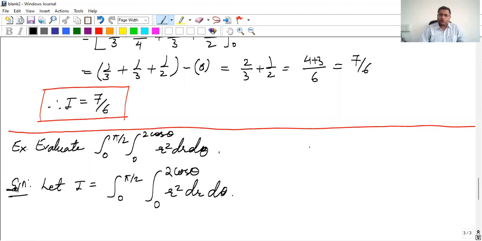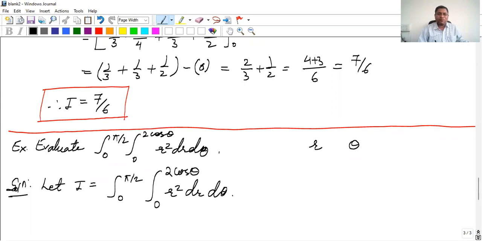Now here we have two variables, r and theta, and we check the limits of this integral. Which variable is in the limits? Theta, because you can find here, this is 2 cos theta. Do you find r in the limits?